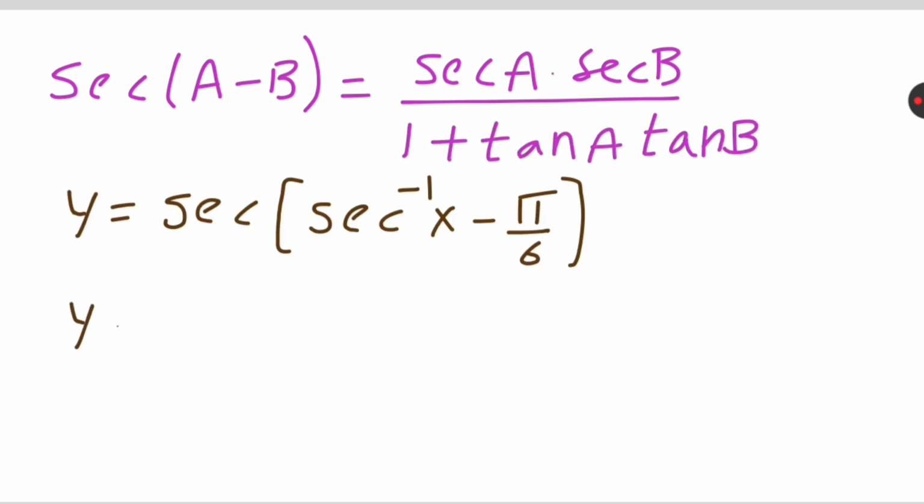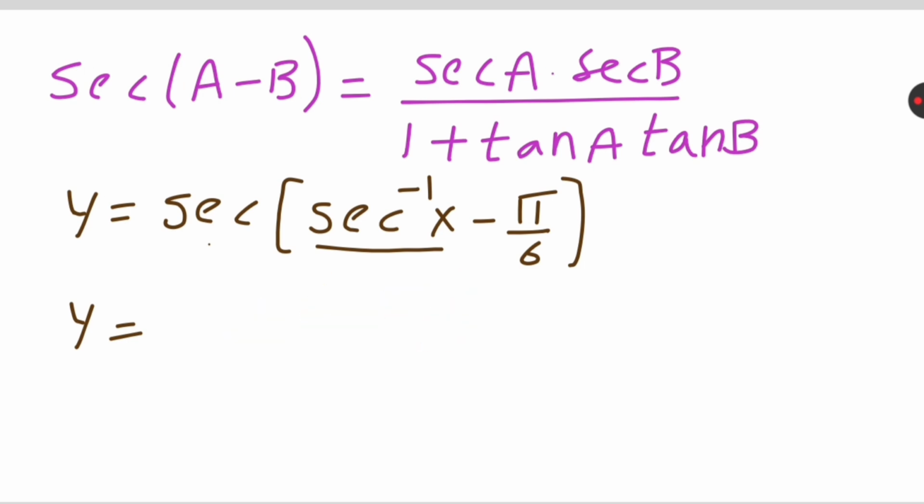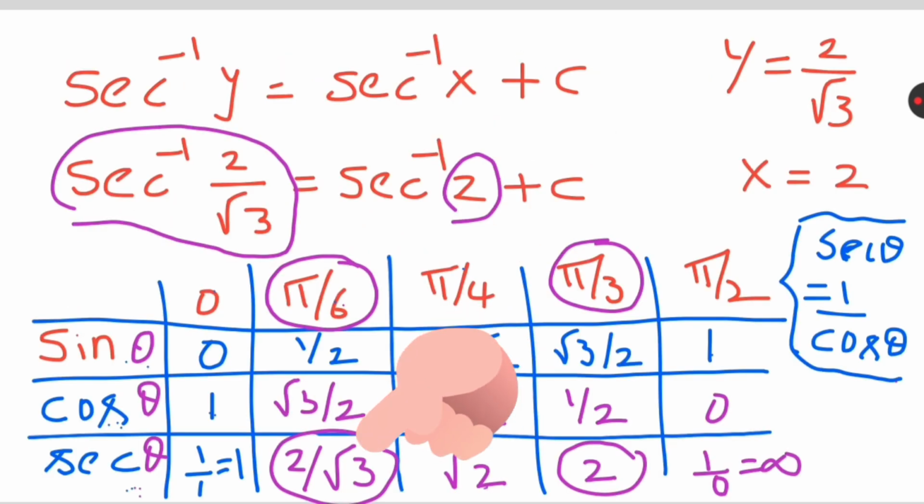So y equal to secant of, this is a, that means secant of x. After these two get cancelled, we are left only with x. So let's simply write x now. So secant a turns into x times secant of b, that means secant of pi over 6. What is the value of secant of pi over 6? That is 2 over root 3.